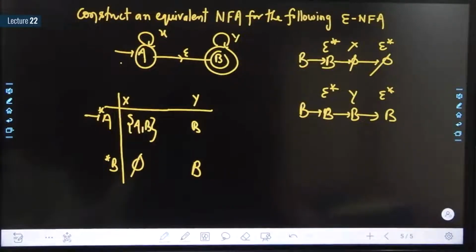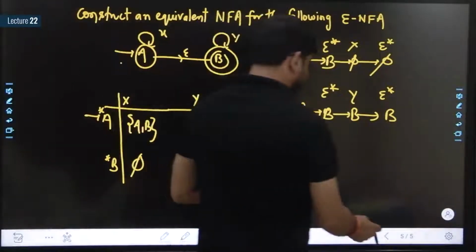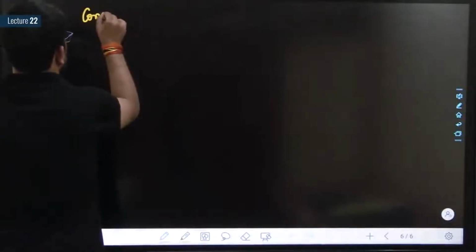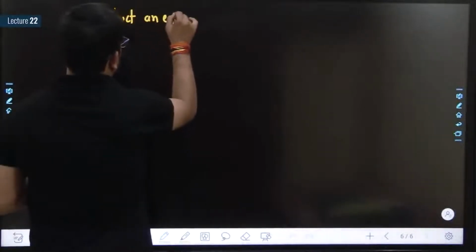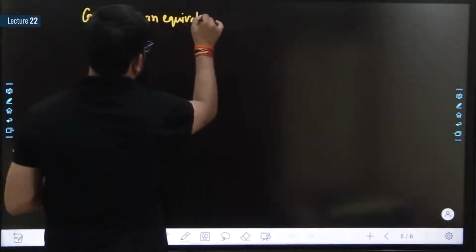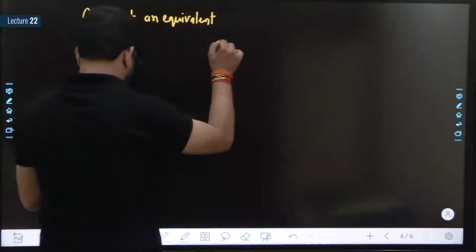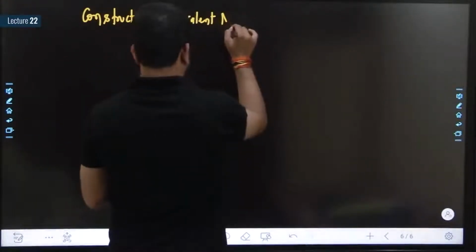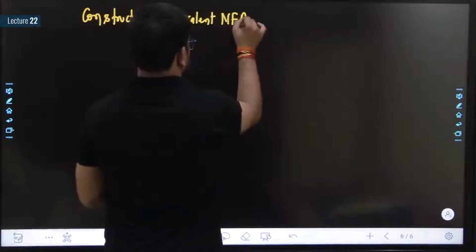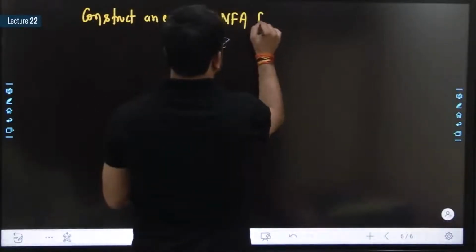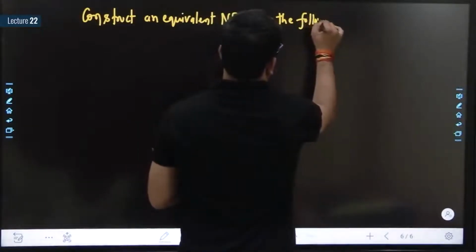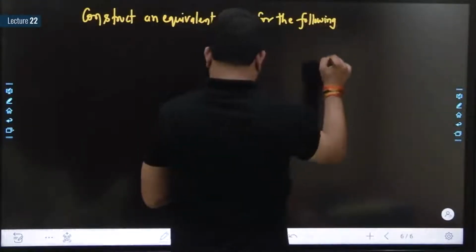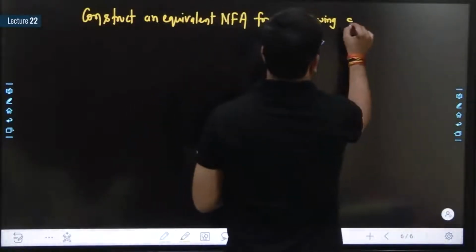Do next question. Construct an equivalent NFA for the following epsilon-NFA.